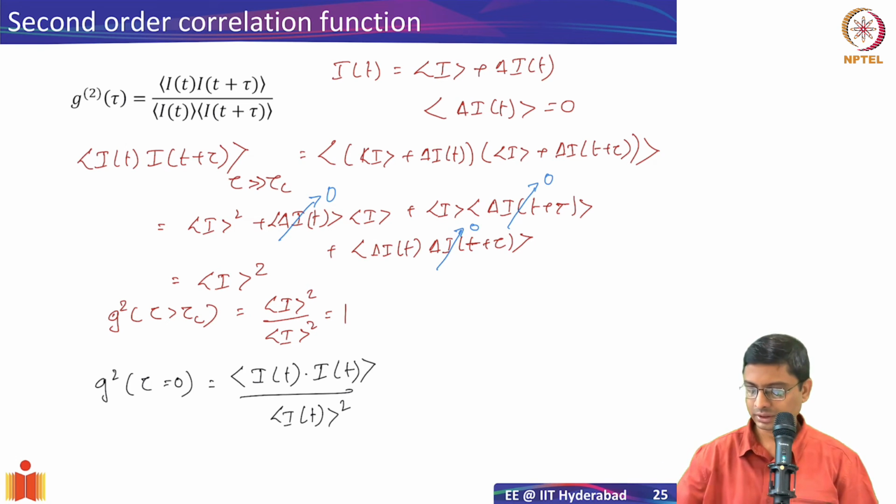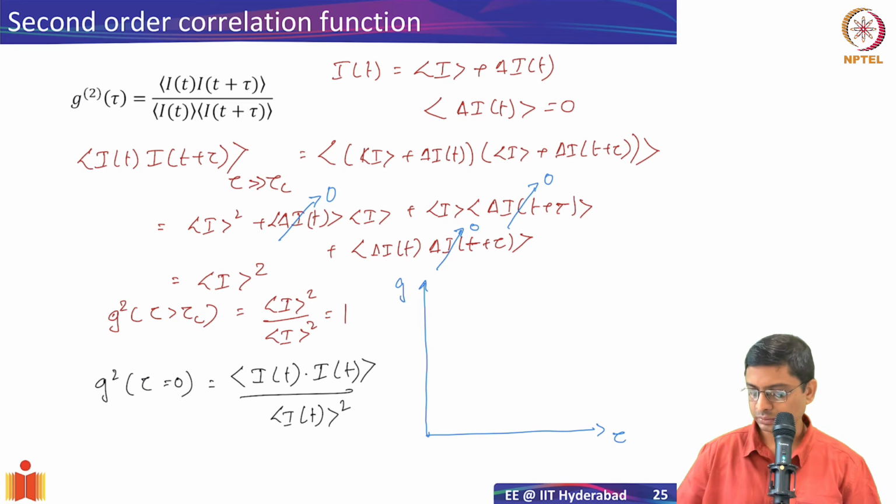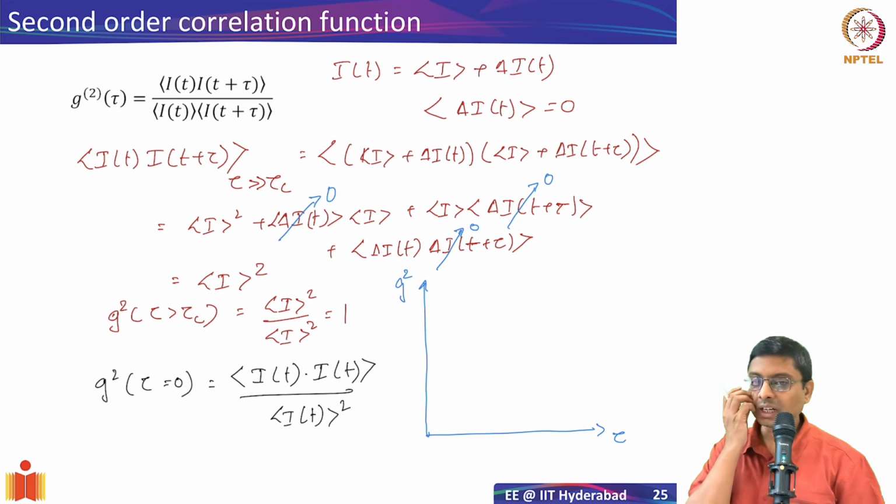Now let's look at what happens to the second order correlation function as a function of delay. To do that, I'll plot tau on the x-axis and G2 on the y-axis.